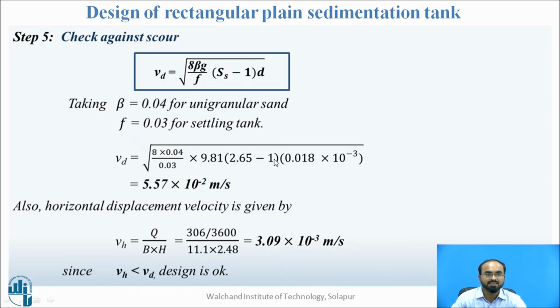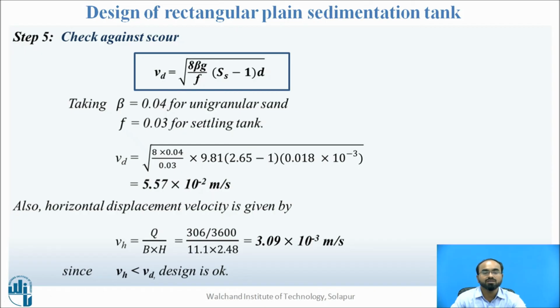So Vd will become the root of 8 into 0.04 divided by 0.03 multiplied by 9.81 in bracket 2.65, that is Ss, which is given to us, minus 1 into 0.018 into 10 raised to minus 3, that is also given in the problem.